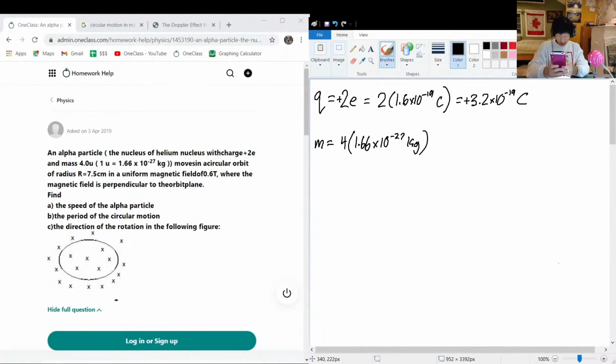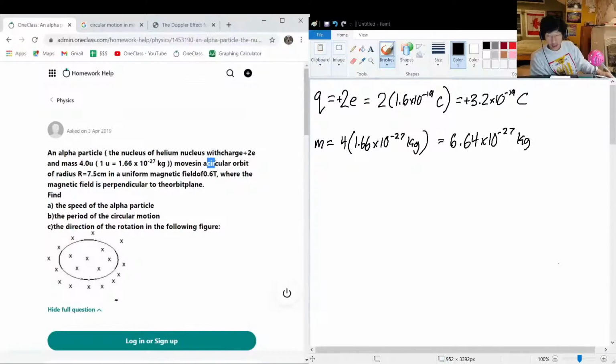I'm going to do the math real fast. 1.66 times 4 is going to be 6.64 times 10 to the negative 27 kilograms. And it's always good to keep your units in base SI units, because it'll make your calculations a lot easier.